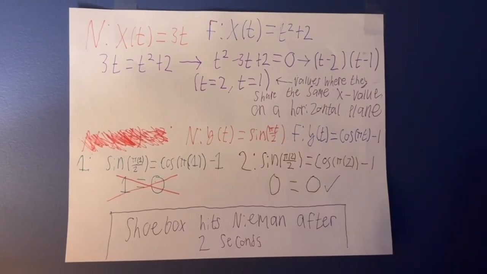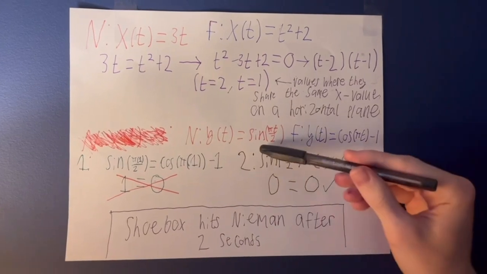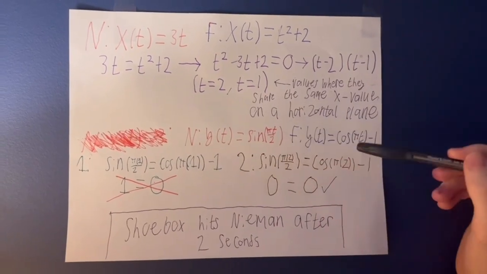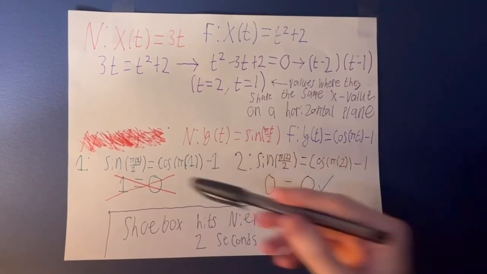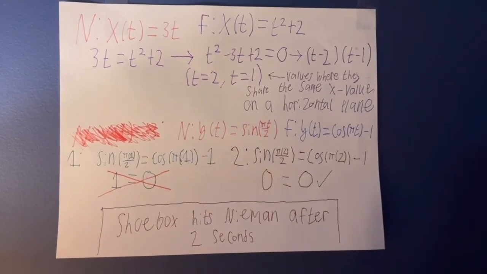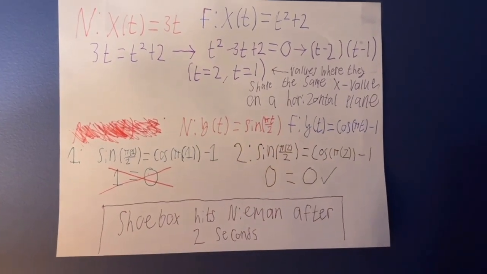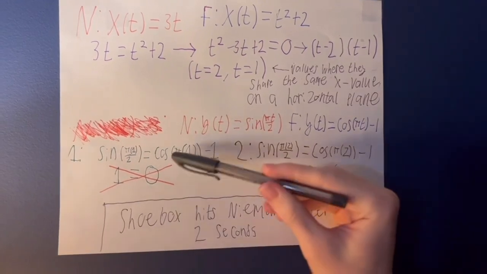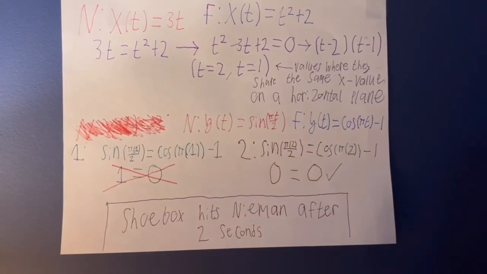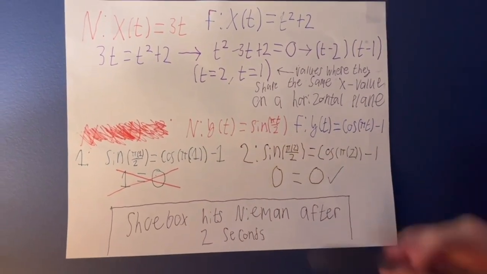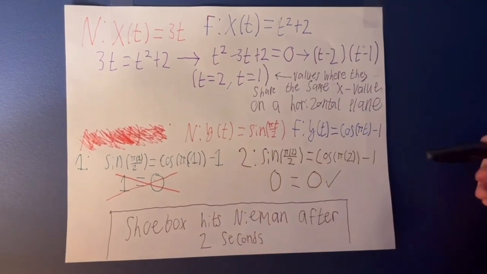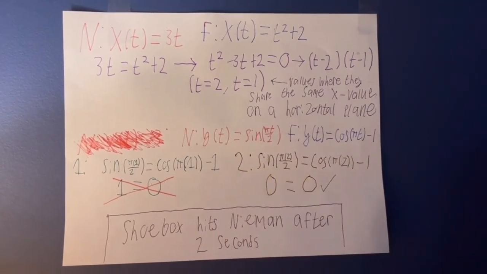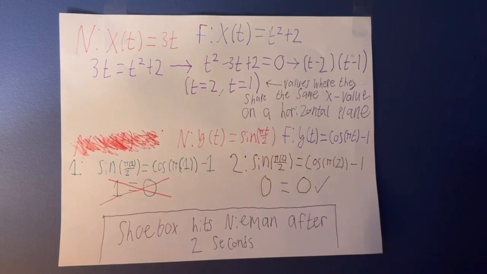Now we can plug that in after we set these equations equal. If you plug 1 in, you get sine of pi halves, which is 1, equals cosine of pi, which is 1. But then you subtract the 1, because that's in the equation, so you get 1 equals 0. So 1 does not satisfy this.